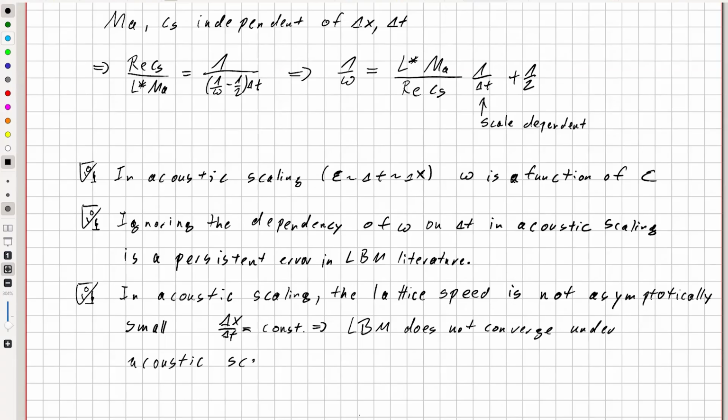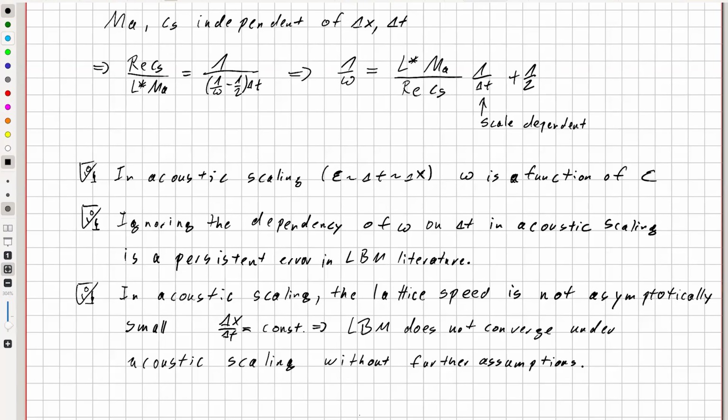This, of course, you can still use. I mean, many people use it, acoustic scaling, because what you can do is you can add further assumptions. For example, just saying, yes, it does not converge, but our velocity that we start from is already so small that we don't care, right?